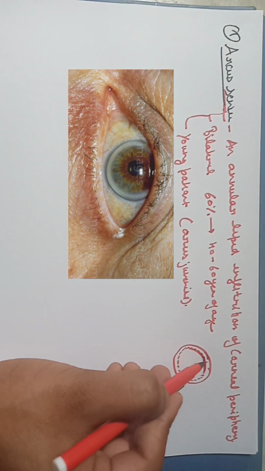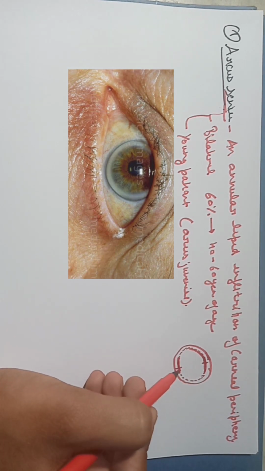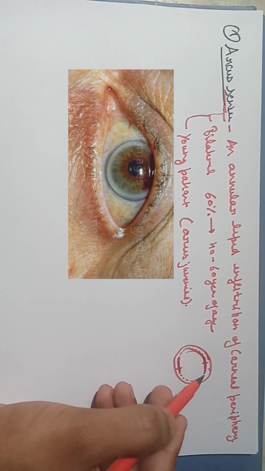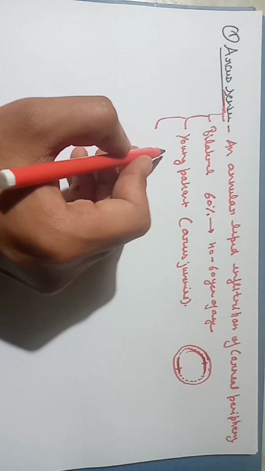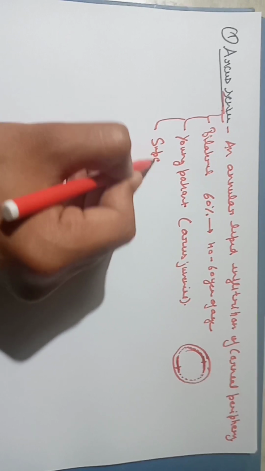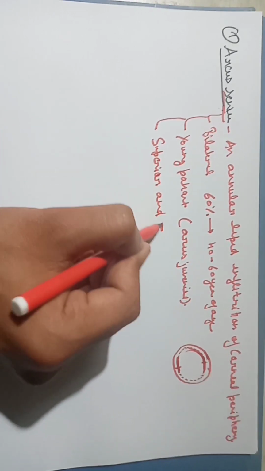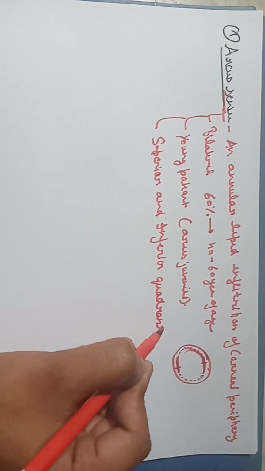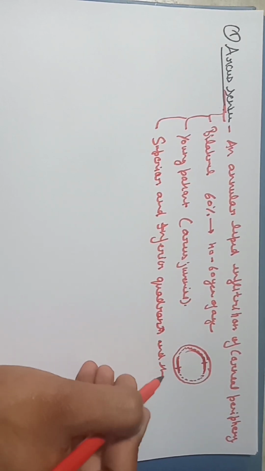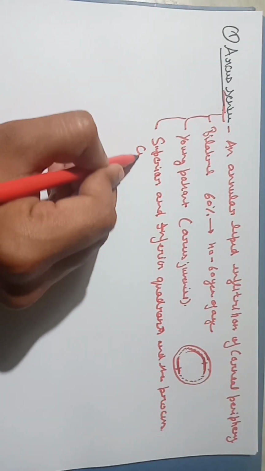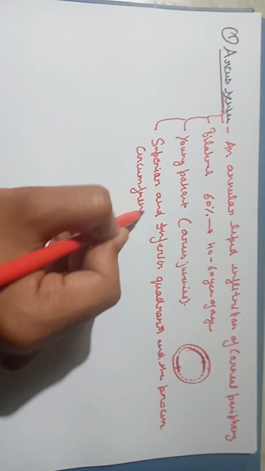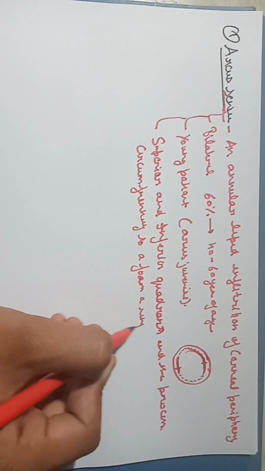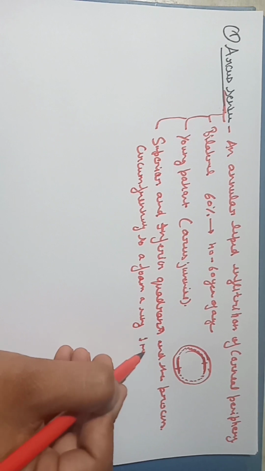Basically it starts from the superior quadrant and inferior quadrant, and after it starts, the process goes circumferentially to form a ring, which is about 1 mm.